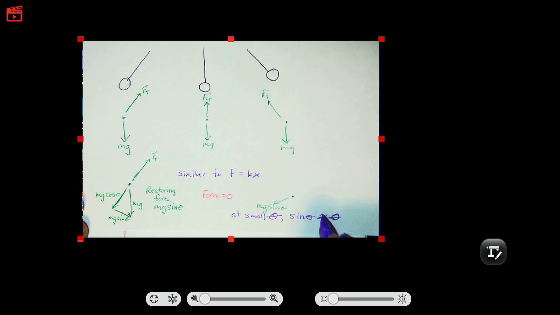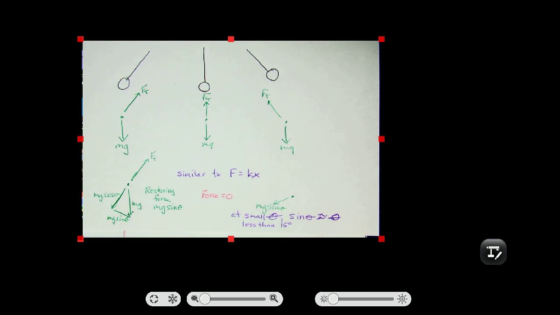It's not anything that's exact. If we wanted to be exact, we would use the sine theta. But if we want to use an approximation, we can say at small angles, sine theta is about equal to theta. By small angles, what we mean is less than 15 degrees.